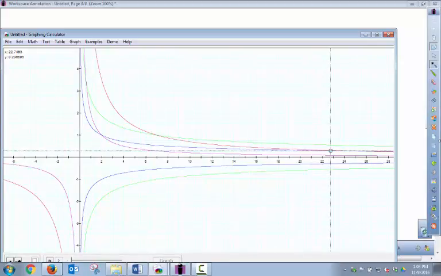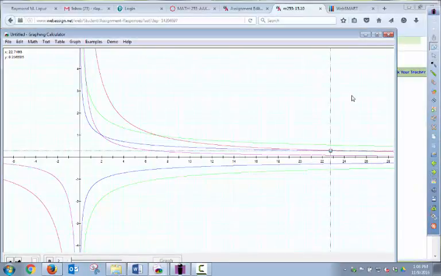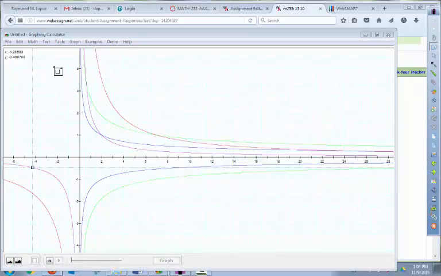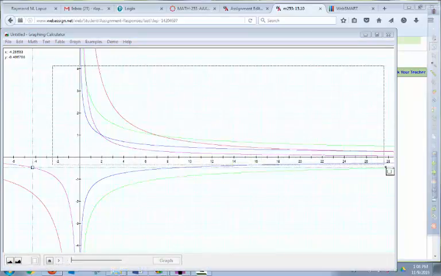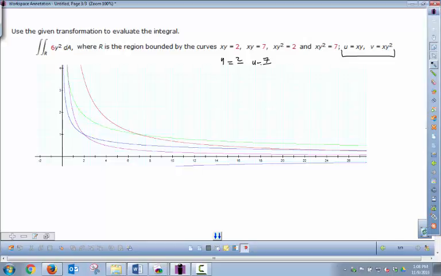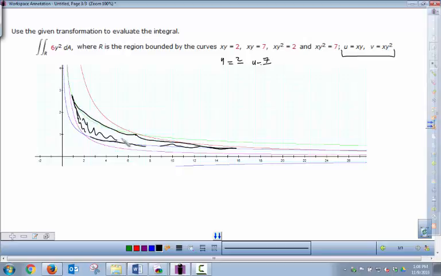Anyways, I don't know if you can see the region, but it looks like it goes from here to here, and then comes back up to here, and then over here. That's where the region is. It has all four of those functions put together.